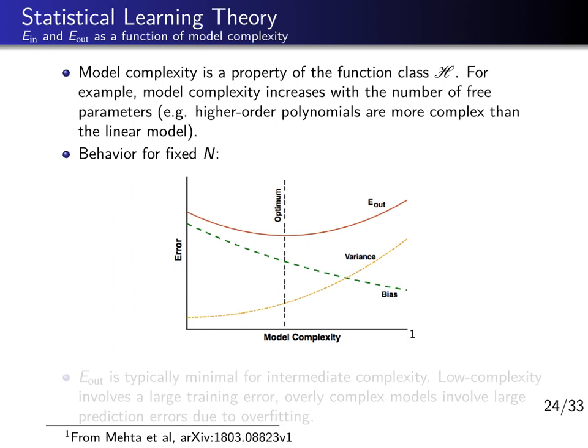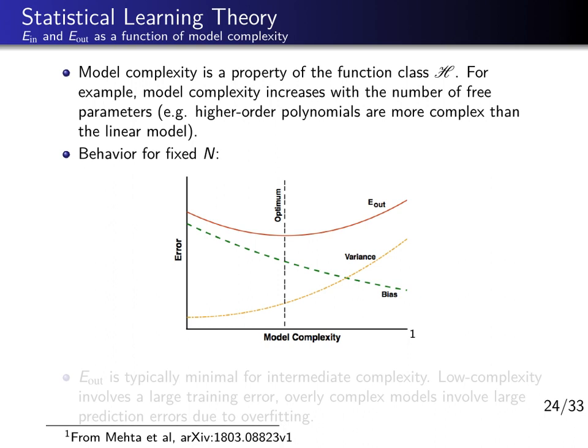The bias is a quantity that is large for too simple models and reduces for more complex models or models that have more expressiveness or more degrees of freedom to fit the data. And it will go towards 0 for an arbitrarily expressive model that can exactly represent the true functional values that generate the data.